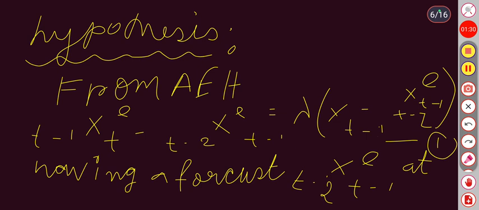Lambda is a parameter value in between 0 and 1, multiplied with the t minus 1 period actual value minus expected value. So x t minus 1, that is actual value, minus x t minus 1 expected value. Having forecasting the expected value of t minus 1th period depends upon t minus 2th period information.